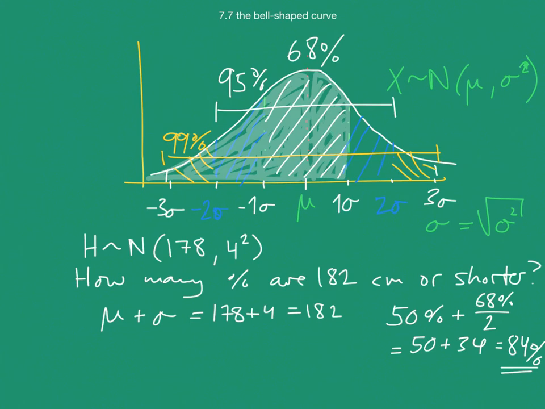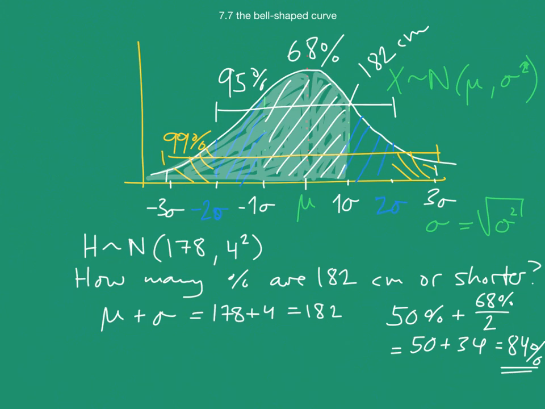So that tells us, and we could also write the value up here, that the height here is 182 centimeters. So this is the border for 182 centimeters, so everything to the left of this is shorter than 182. Everything to the right is taller than 182.